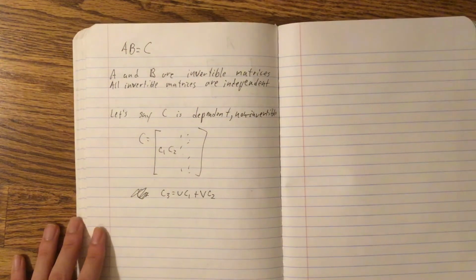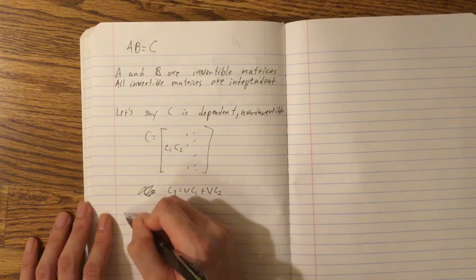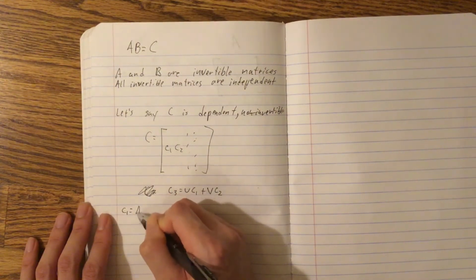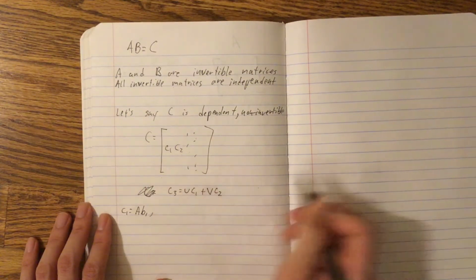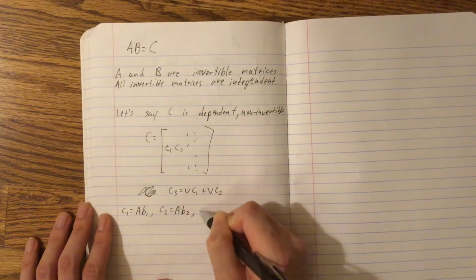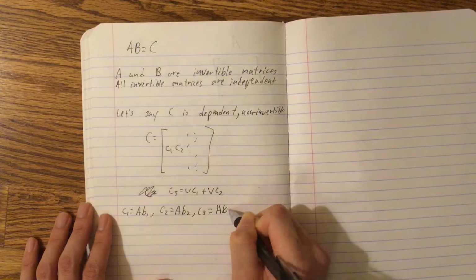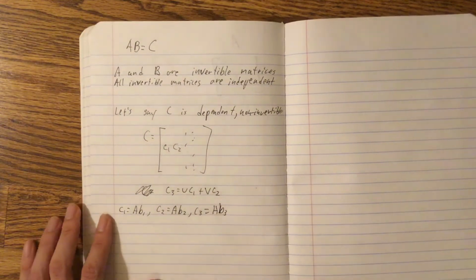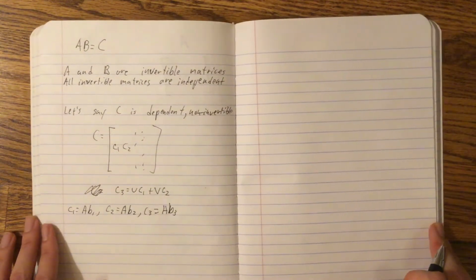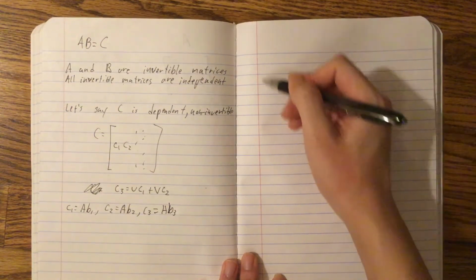So what does C1 equal? Well, we can also write C1 as AB1, C2 as AB2, and C3 as AB3. Why? Well, you can just look at how matrices operate.